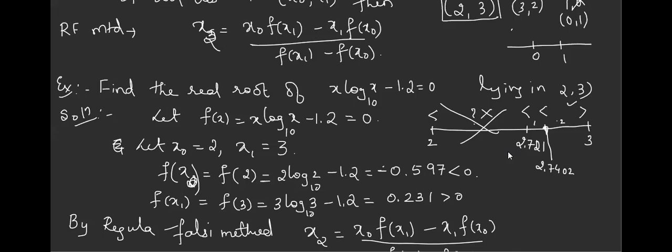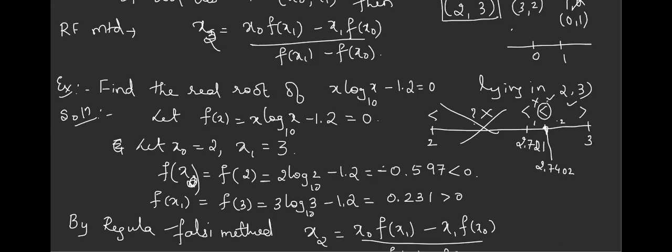Negative, ma'am. So this is negative, which means compulsorily this has to be chosen with the value which is giving me positive. Which is giving me positive? 3, correct? So the root doesn't lie here. It is going to lie in the second interval.